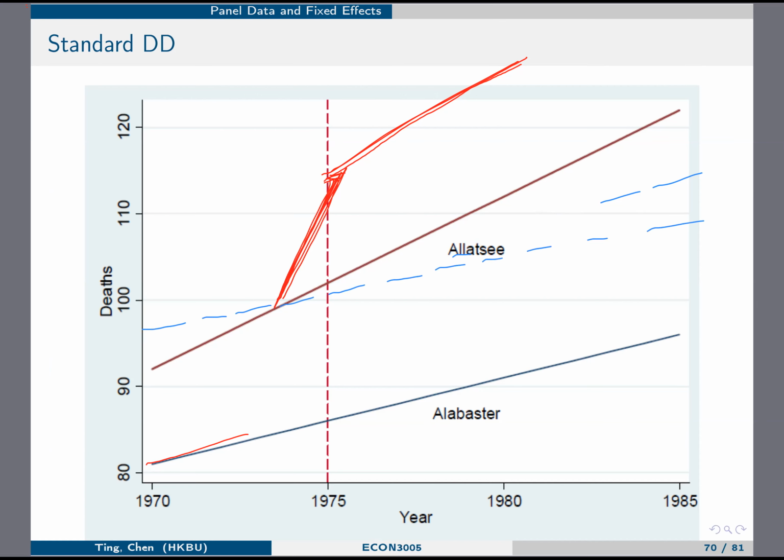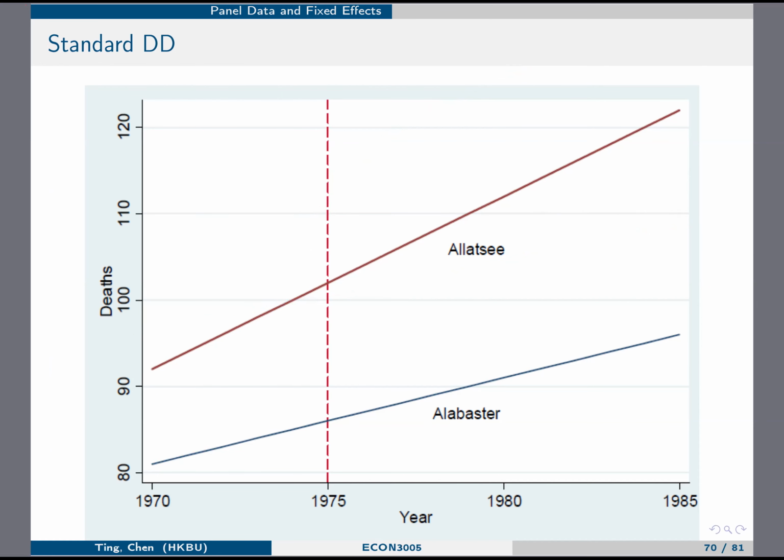And then we still use the effects of the control group to derive the counterfactual. Can I directly draw a straight line? Give me some time. Oh yeah, this is better. And draw a straight line.